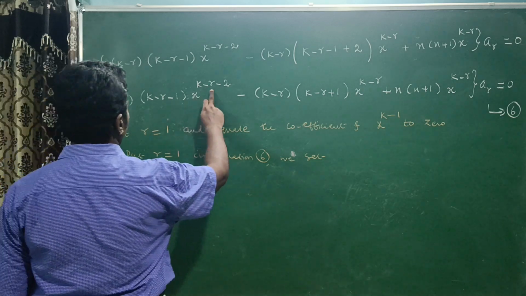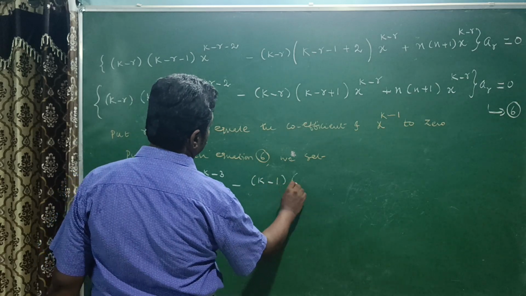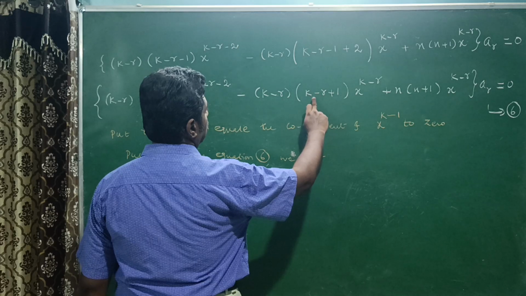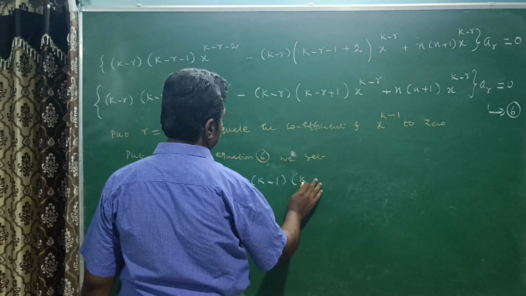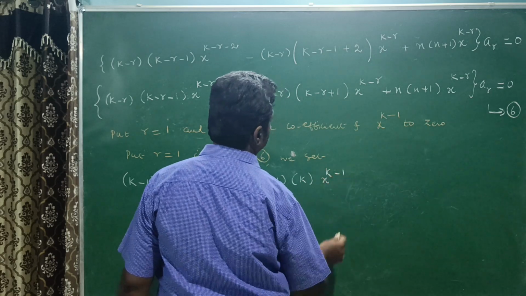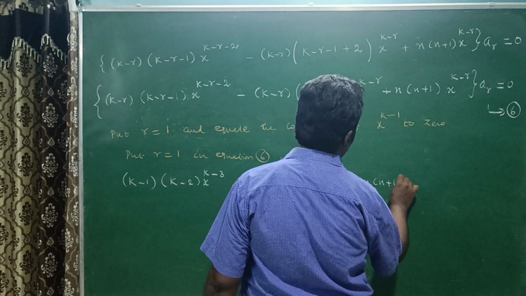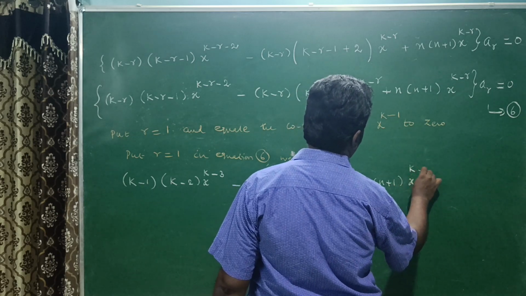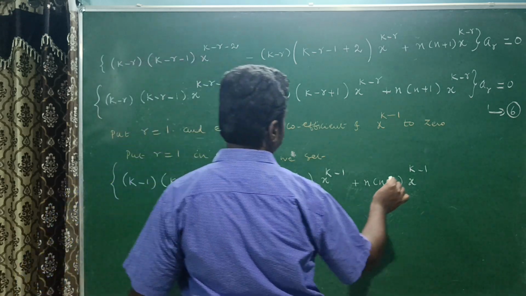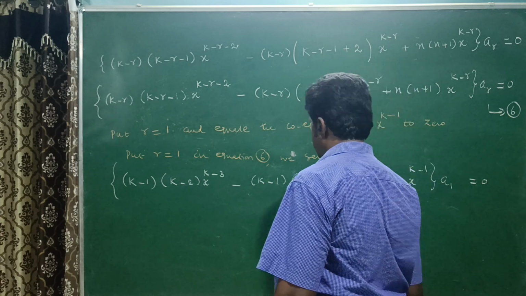If you put r equal to 1, k minus 3, k minus 1, k, r equal to 1 means k minus 1 plus 1. So this is k, x power k minus 1, plus n into n plus 1 x power k minus 1, entire is multiplied by a1 is equal to 0.